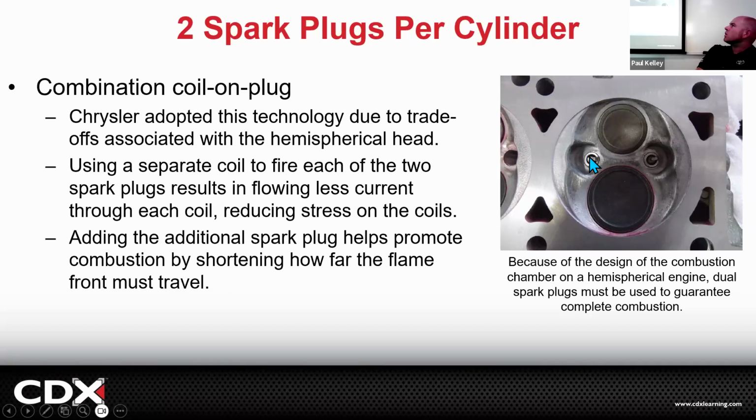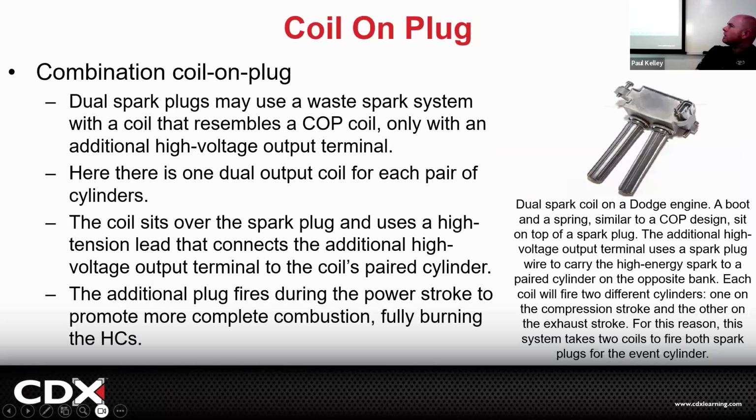To have a really clean burn, we might start a flame over here, which is going to go this way. But we could start a flame over here, which is going to go this way. And that'll decrease the amount of time it takes to get maximum pressure. So they'll end up doing either a combined coil, or this will be a 2-in-1 coil.